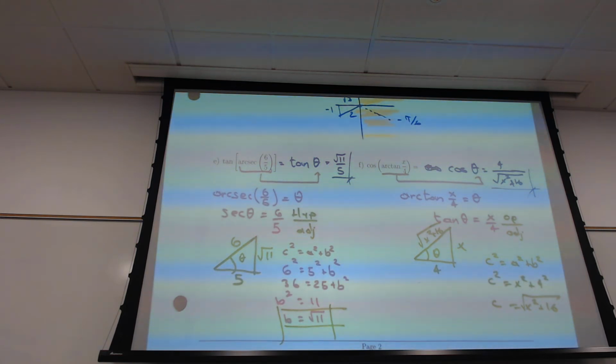Right? Any other questions about the calculus of inverse functions?